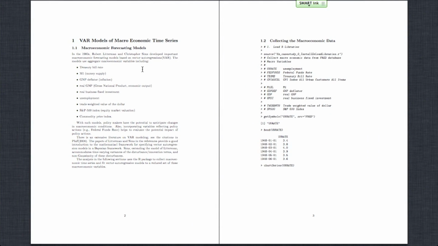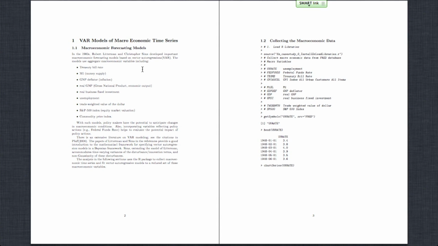Modeling macroeconomic time series is an important topic. It's what central bankers do. They want to understand what factors are affecting the economy in terms of growth, inflation, unemployment, and what's the impact of interest rate policies.